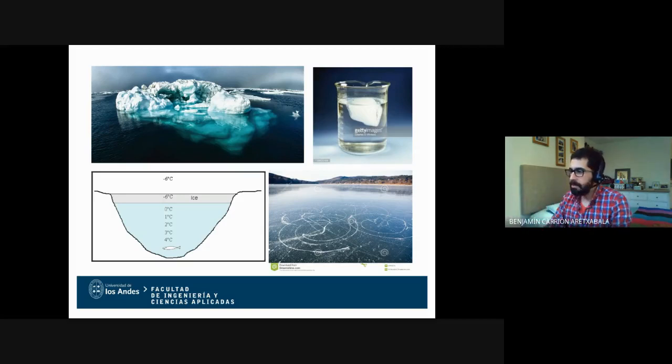I'm not an expert on that, but that makes the ice use a larger volume, so it has a smaller density, and that difference in specific mass is what makes icebergs and ice float on top of water, as you all have seen in glasses or maybe in the ocean.